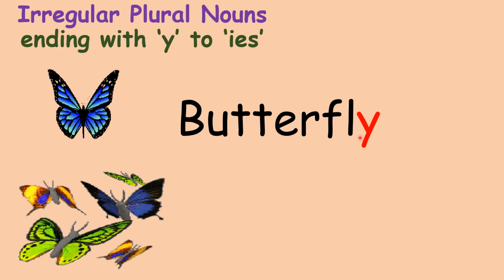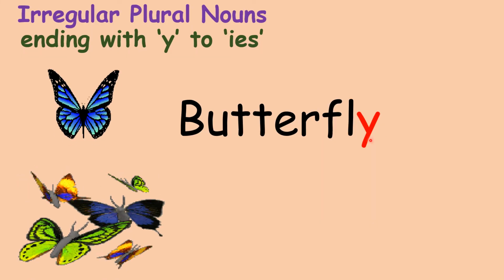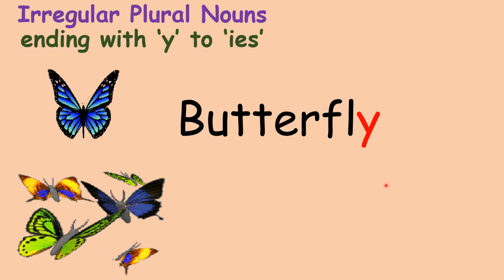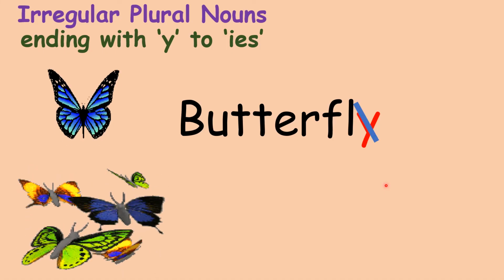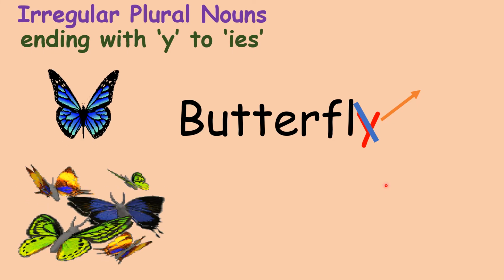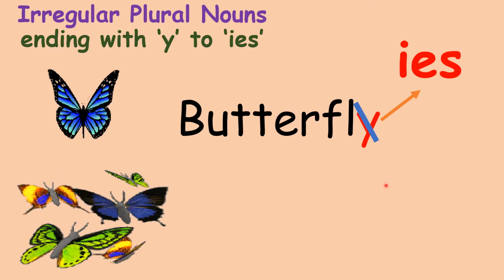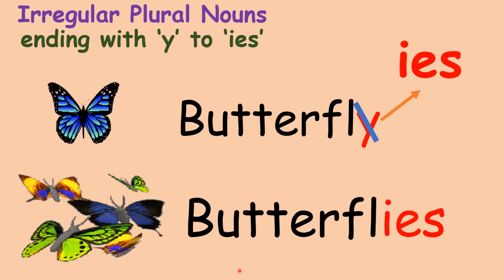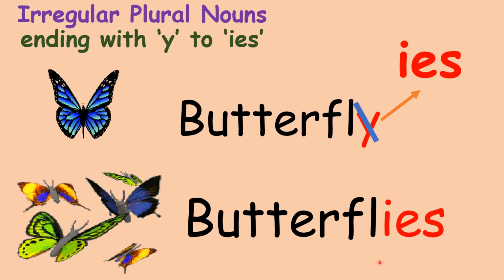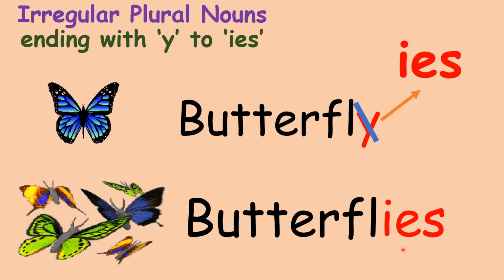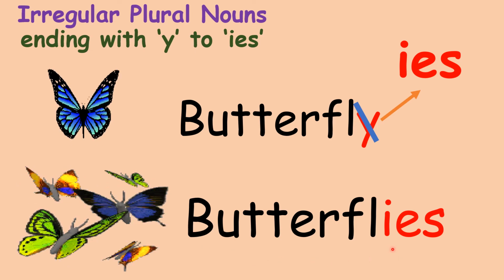Remember, if the noun ends with the letter Y, to make it into plural, first you need to take away the letter Y and change it to the letters I, E, S. And you will get the word butterflies. Repeat after me. Butterflies.